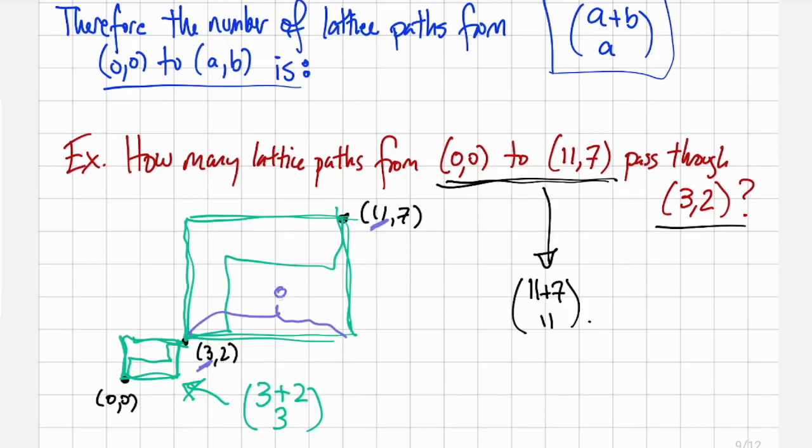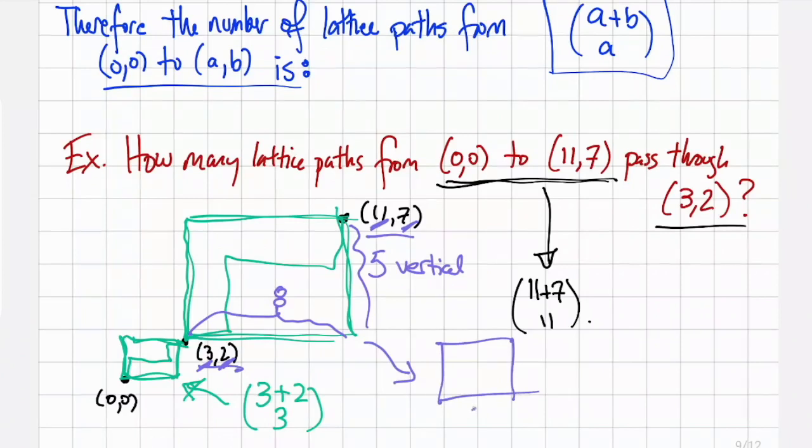So there are 8 horizontal units. And we start off with y-coordinate 2, and we go up to y-coordinate 7. So there are 5 vertical units. And so the number of paths from (3, 2) up to (11, 7) is the same as the number of paths from (0, 0) up to (8, 5), which is 8 plus 5 choose 8.